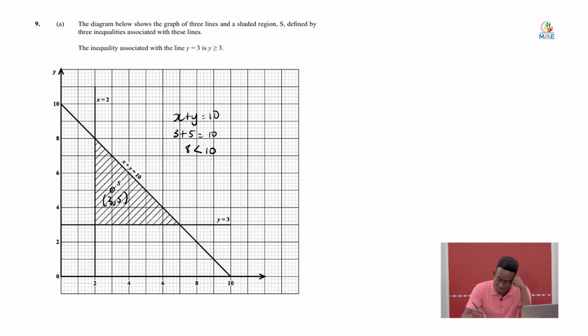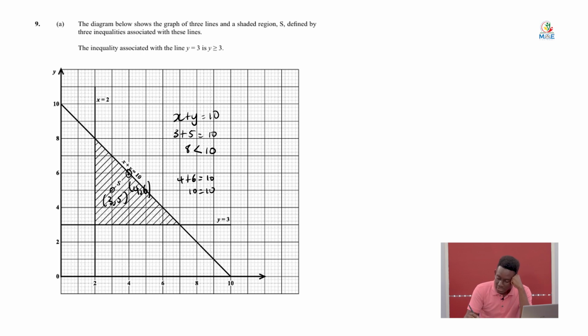So let's use another coordinate to see if we will have the same result. Let's choose one right on the line x plus y equals 10, which is this point here. So we go 4 across and 6 up. So the point here would be (4, 6). So 4 plus 6 is 10, which is equal to 10.